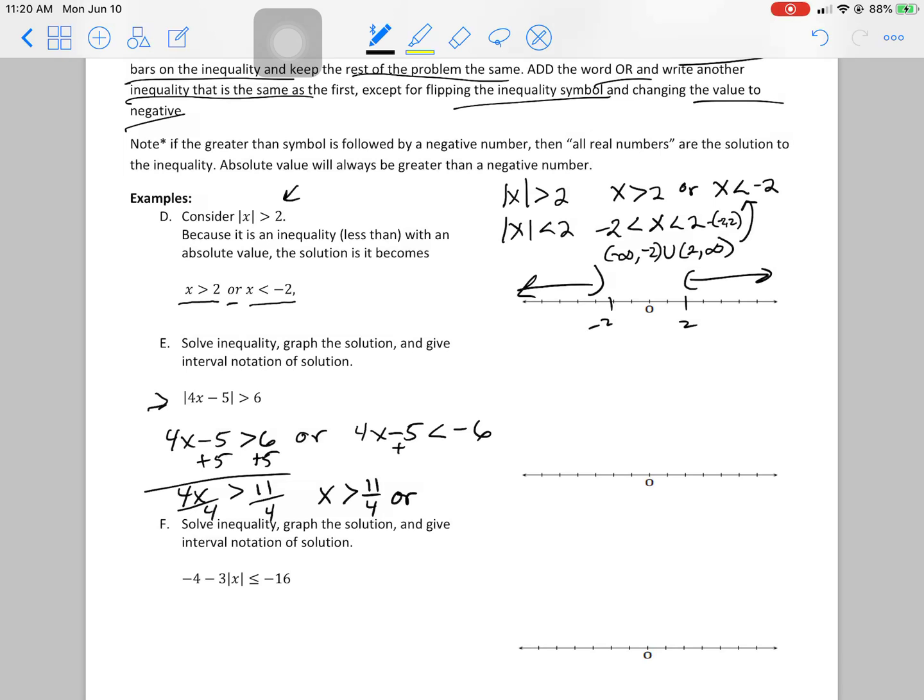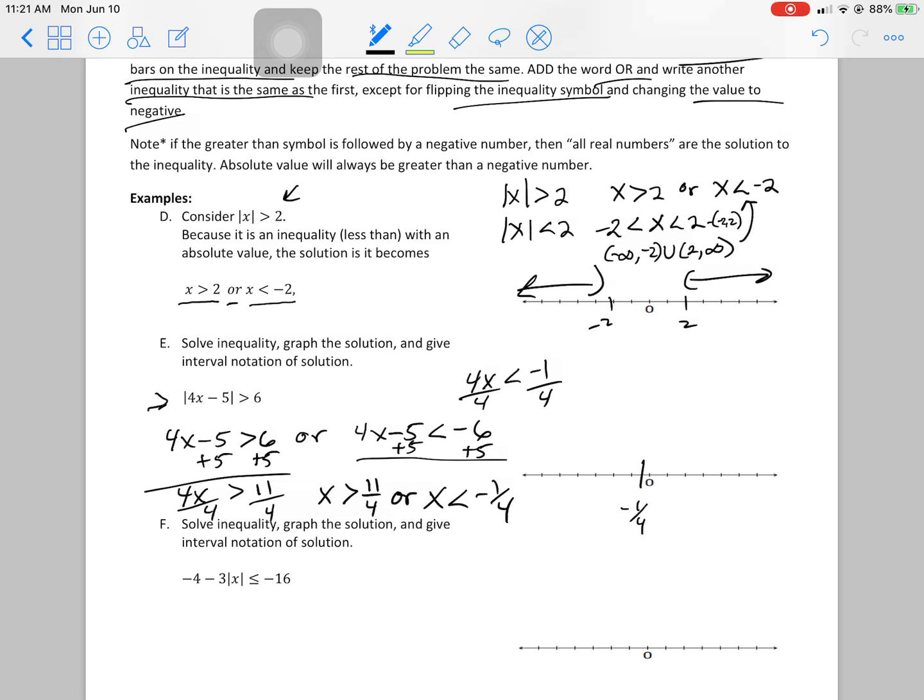And then this one, I should have written higher up. This is going to be 4x is less than -1. Dividing by 4 gives you x is less than -1/4. I didn't divide by a negative, so I didn't flip anything. All right, let's think about what these things are. This is over here somewhere.